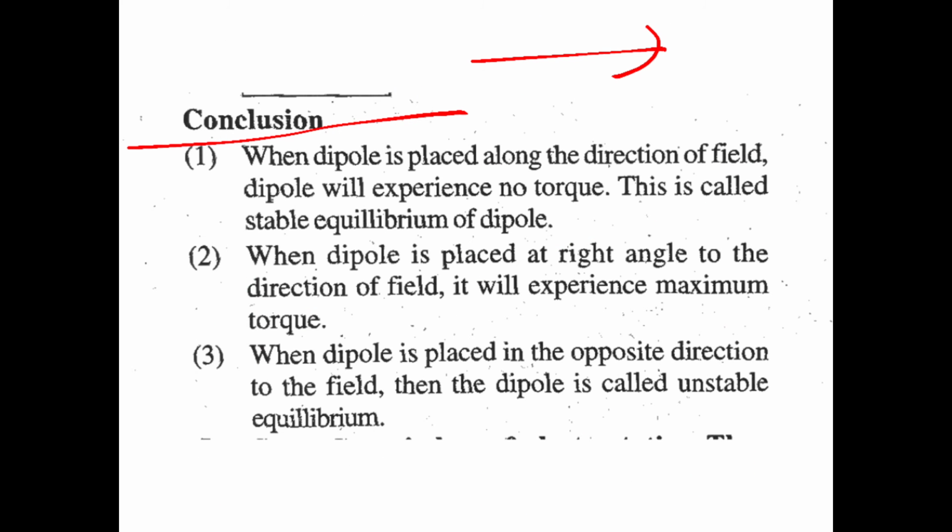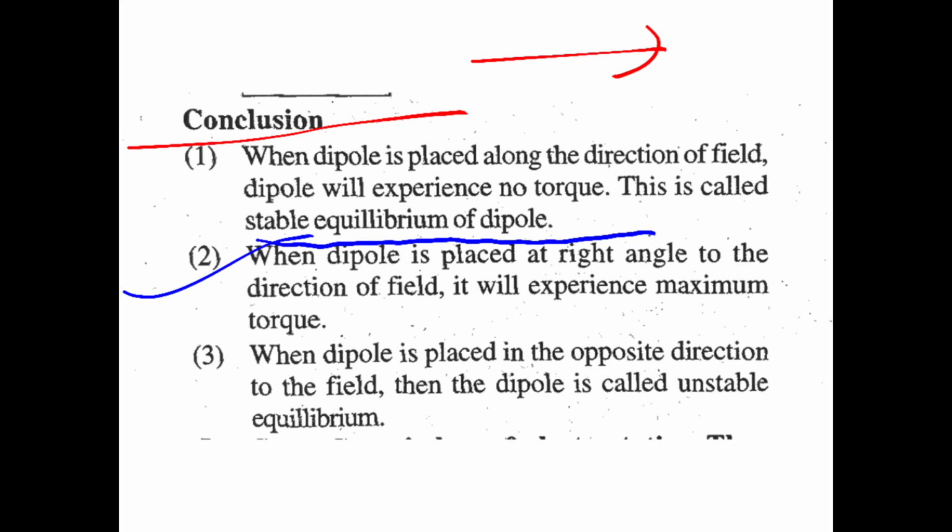This condition is called stable equilibrium of the dipole. When the dipole is placed along the direction of electric field, there is no torque formed, only linear force will be formed. So that condition is called stable equilibrium of the dipole.